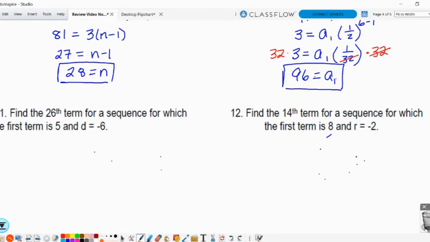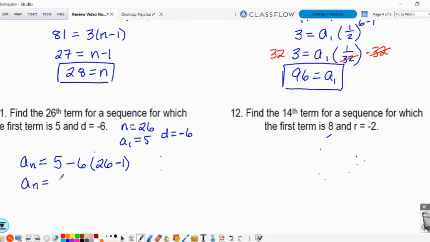Question number 11, 26th term, when the first term is 5 and the common difference is -6. So we're back to arithmetic, where we know we're looking for the 26th term. The first term is 5, and the common difference is -6. So using our arithmetic formula, we'll fill in the first term as 5, common difference of -6, and we're looking for the 26th term, so that's our n value.